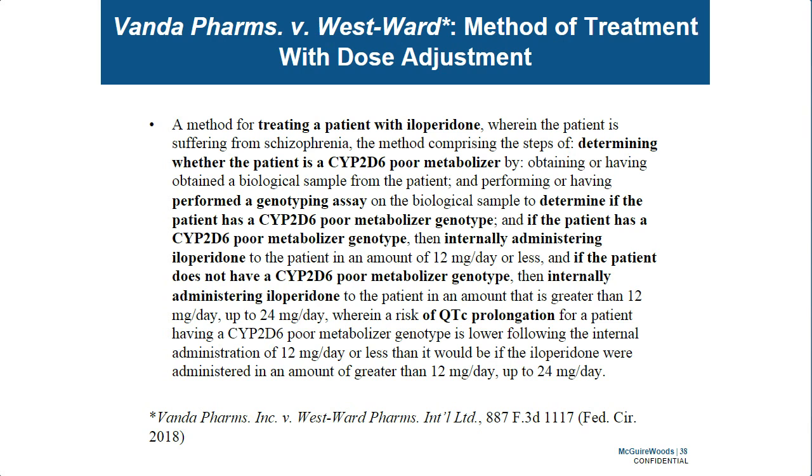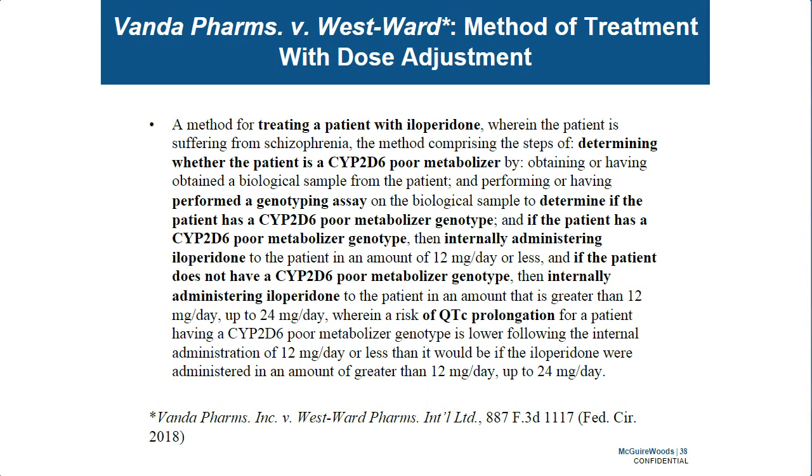So there's some risk to administering this drug. So you have to determine whether the patient is this CYP2D6 poor metabolizer. First you have to perform a genotyping assay on a biological sample from the patient to determine whether the patient has a CYP2D6 poor metabolizer genotype. So you have to conduct some sort of genetic testing first.